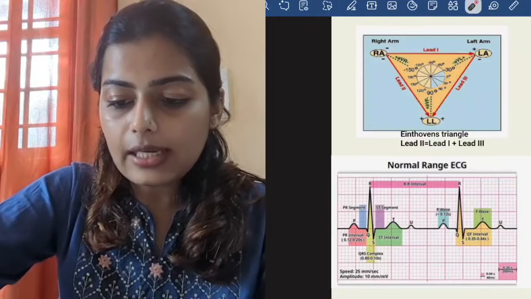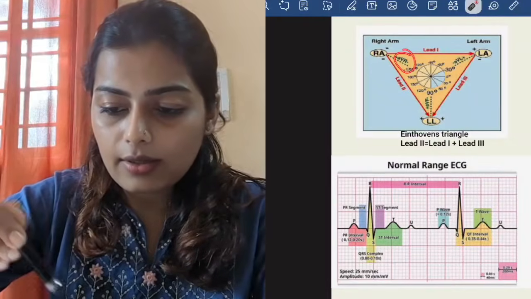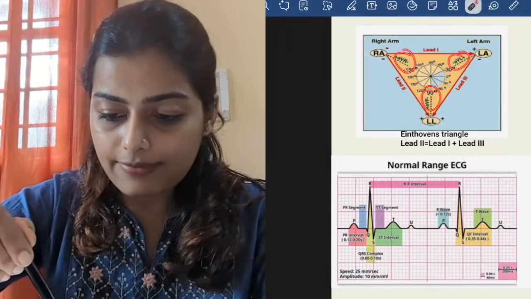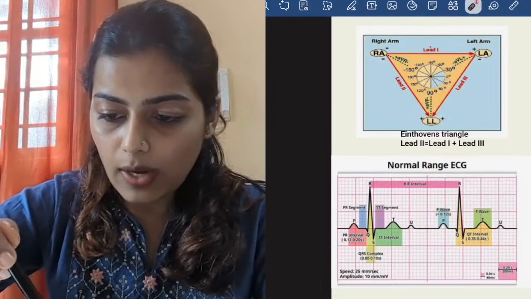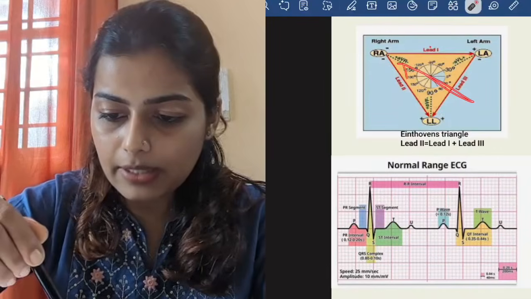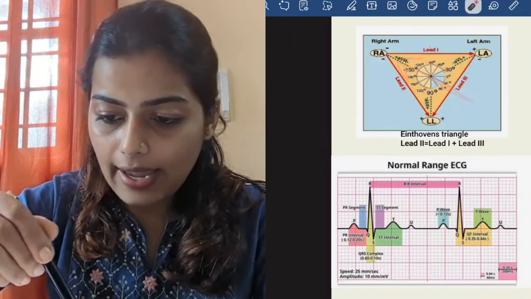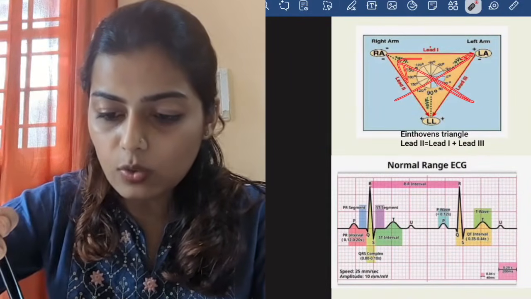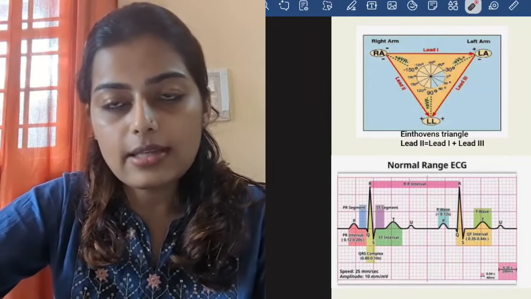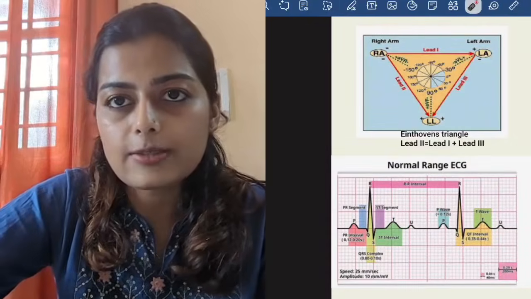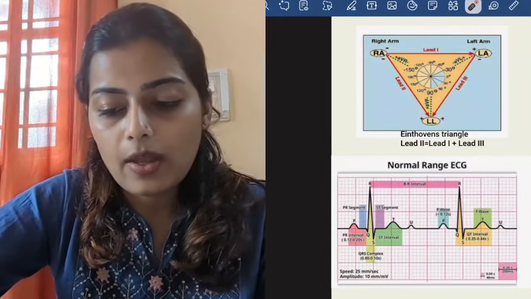Then the other three limb leads are AVR, AVL and AVF. You can see that AVF is perpendicular to lead 1, AVR is perpendicular to lead 3 and AVL is perpendicular to lead 2. So the rest of these limb leads are also perpendicular to the corresponding other limb leads.